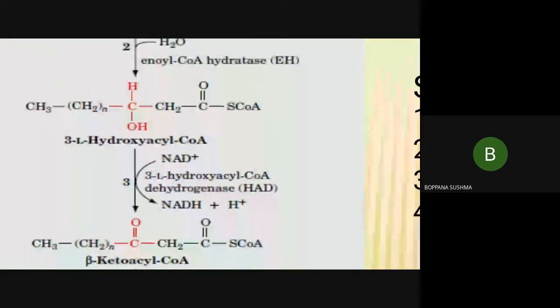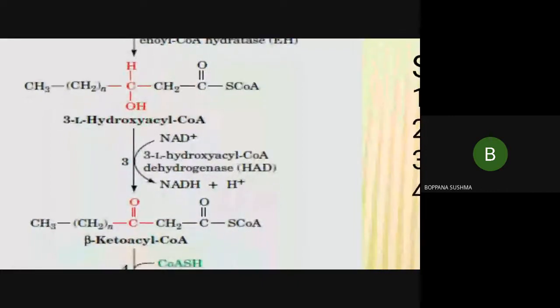From CHOH, two hydrogens are removed, and only C double bond O is formed. These two hydrogens attach to NAD, and NAD is converted into NADH2 by the enzyme dehydrogenase. Understood? So beta hydroxyacyl CoA undergoes the oxidation process to form beta ketoacyl CoA.